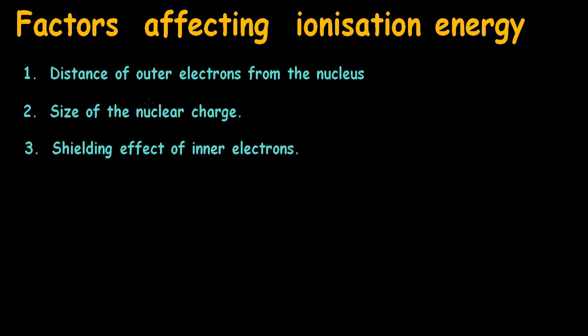So these are the three factors which affect the ionization energy. It can be summarized as: the higher the distance, the lesser the ionization energy. If the size of the nuclear charge is greater, that is, the higher the atomic number, the higher the ionization energy. If the shielding effect is high, then the ionization energy will be low.